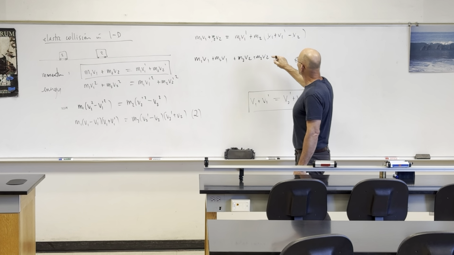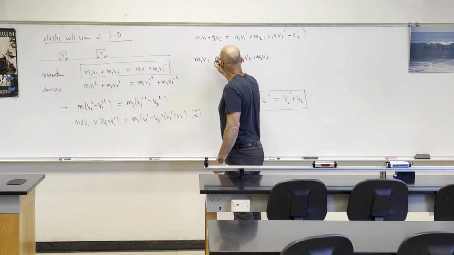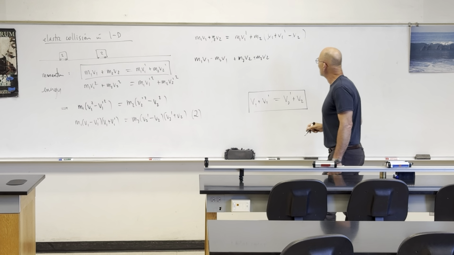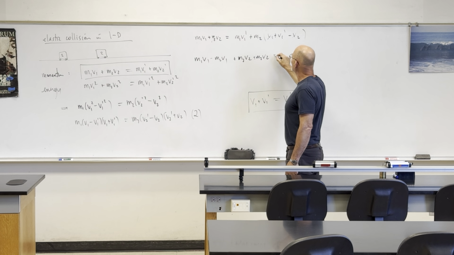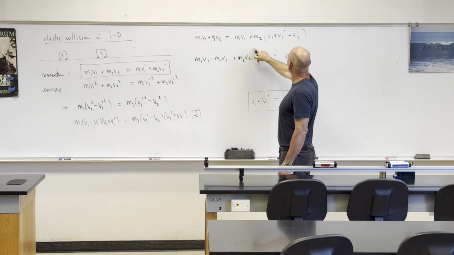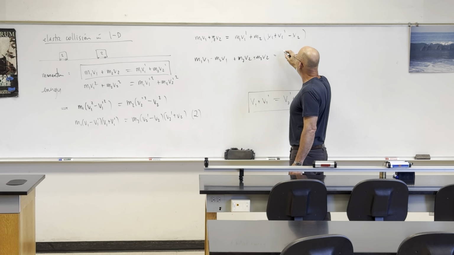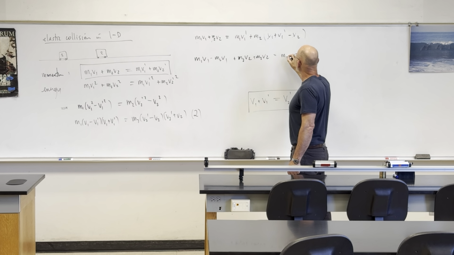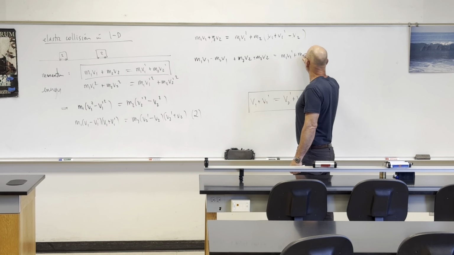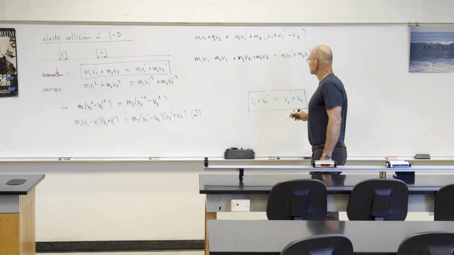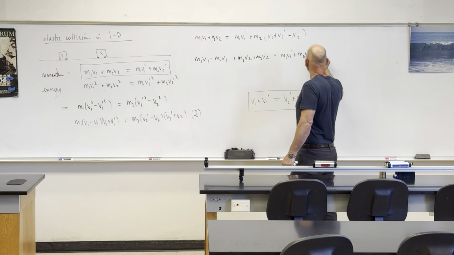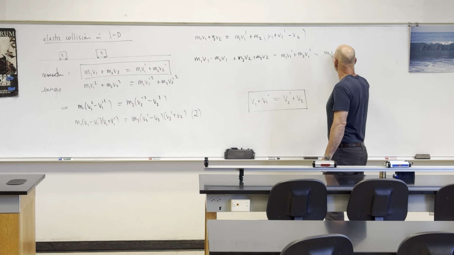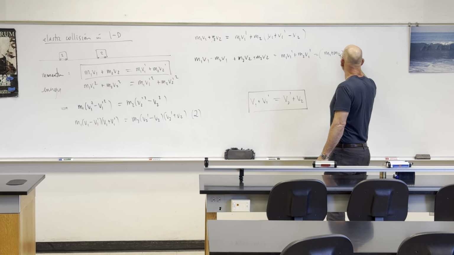One had a minus sign, didn't it? M2 V1 equals M1 V1 prime plus M2 V1 prime. This will do the trick. So we'll have equals M1 plus M2 V1 prime.